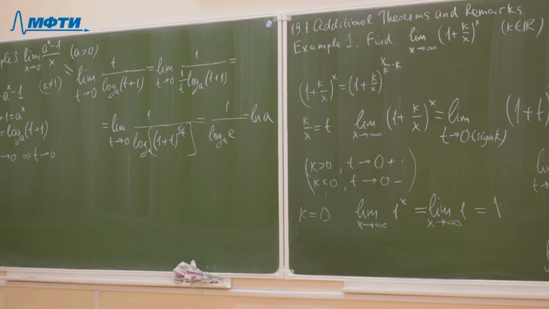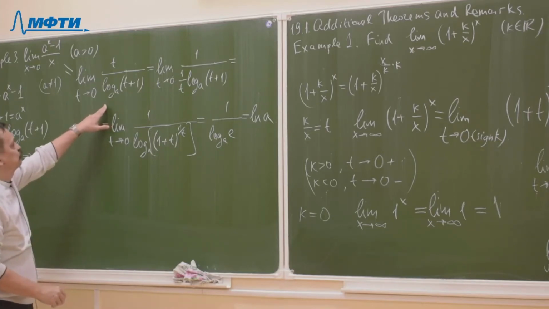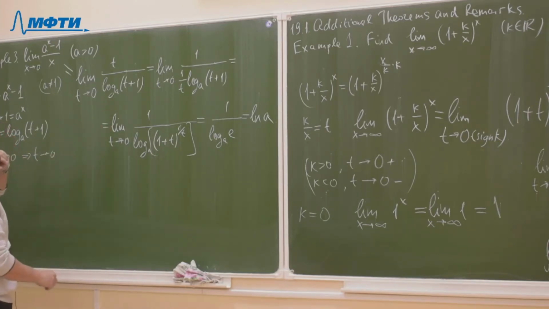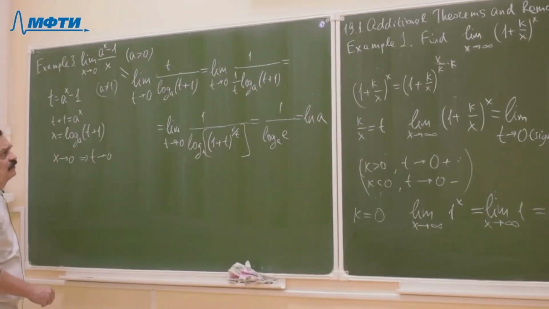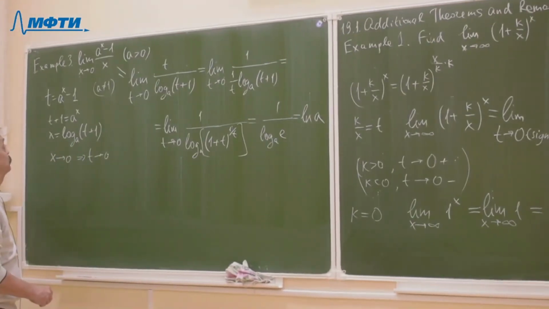And in fact, that limit which appeared here is very important. Quite often this is considered as a version of the second remarkable limit.